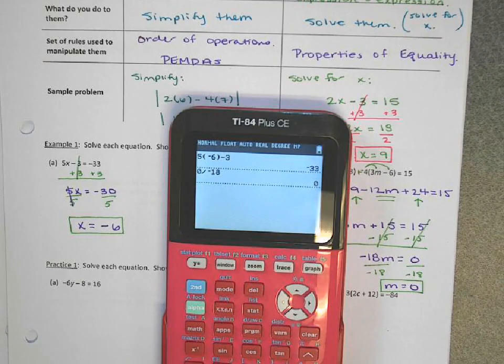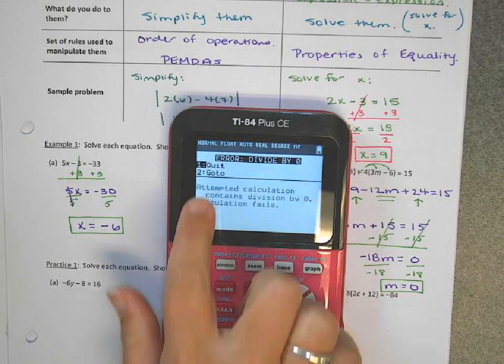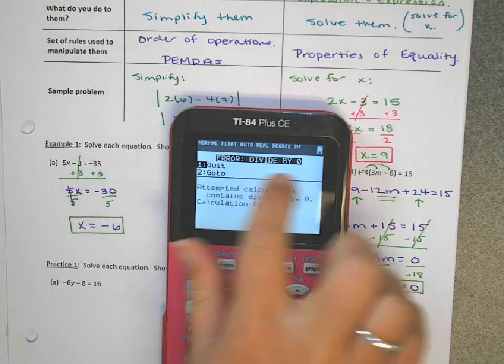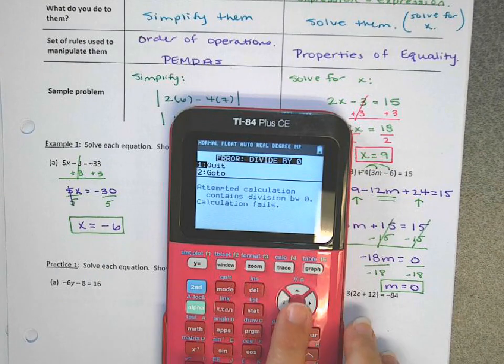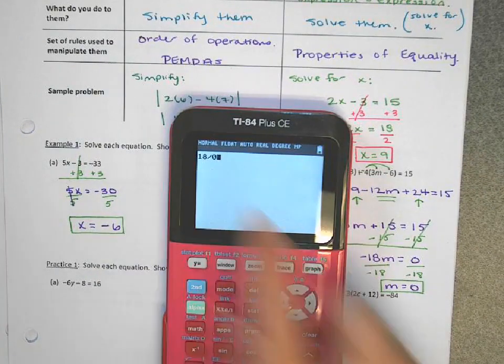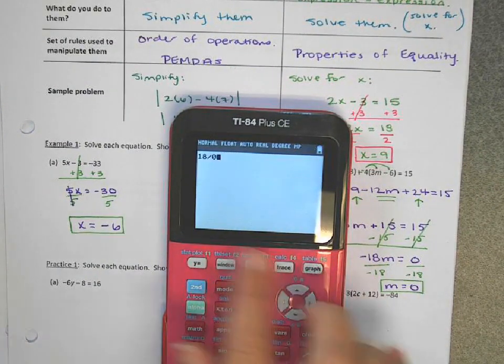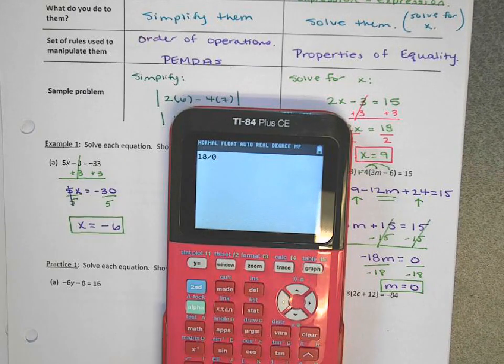What is it? It's not just 0 divided by 0. It's if we did it the other way around. If we took 18 divided by 0. Whenever you divide by 0, you'll get an error. It's not possible. So when you divide by 0, you're going to get an error because you're not allowed to divide by 0. Okay?